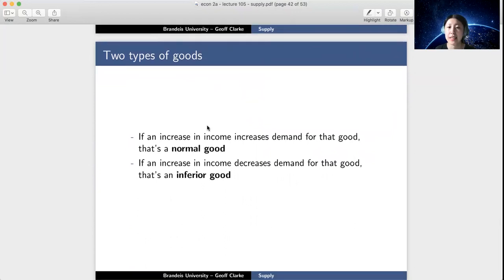If an increase in income increases demand for that good, that is a normal good, which simply means with higher income, you would buy more of that good. And if an increase in income decreases demand for the good, that is an inferior good, which just means you would buy a smaller quantity of that good if you have more money to dispose.